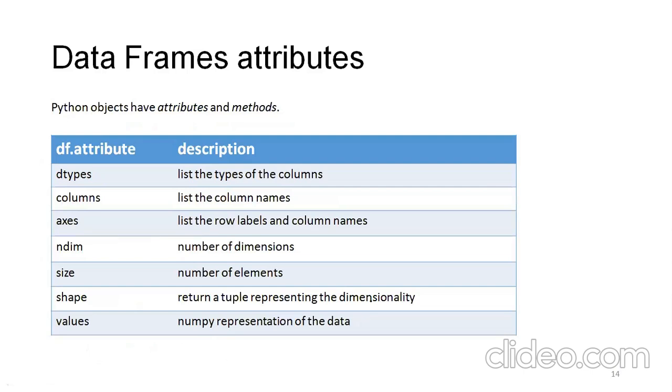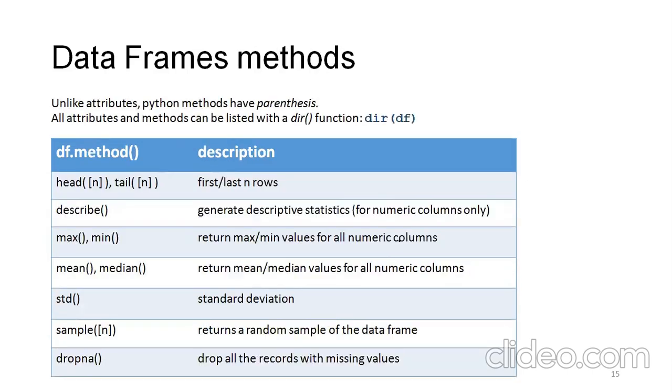Similarly, we have some attributes. So what is the difference between attributes and methods? Attributes return some values, such as the row count and column count, based on the field, whereas a method operates and gives values based on the parameters also. In the case of a method, we specify the parentheses.